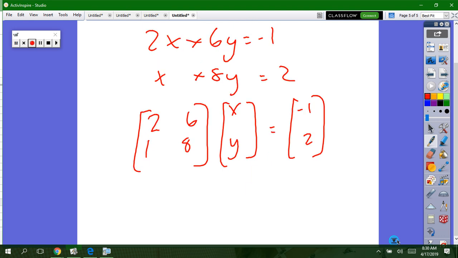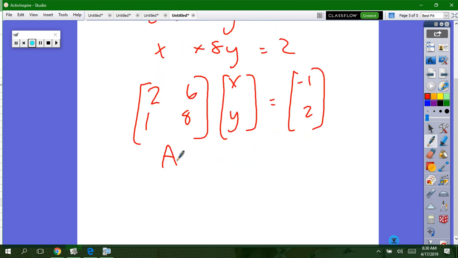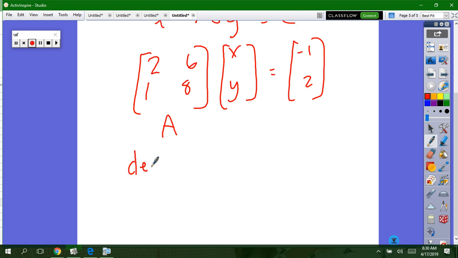So I'm going to call this matrix A. And what Cramer's rule tells us is I need to learn how to find the determinant of A. Sometimes it's written like such. And then we're going to find the determinant of AX. I'll explain what that means in just a second.